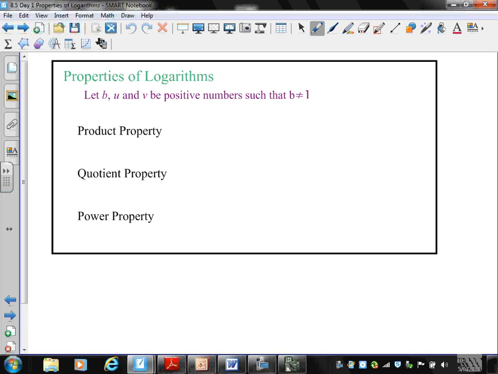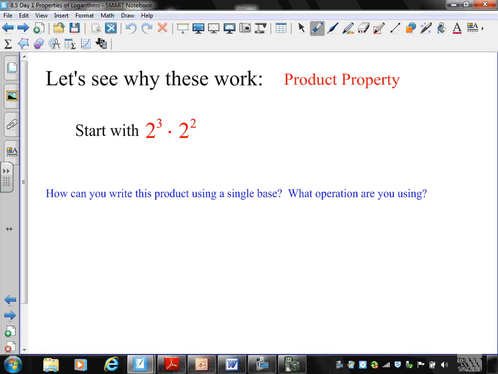So I actually want to do a little background work here and talk about what we can do with an expression like this, 2 to the third times 2 to the 2. This is going to show you why the product property works, even though I haven't showed it to you yet. Okay, so the first question is, how can you write this product using a single base? Well, we should know that we can put this together and call this 2 to the 5th, right?